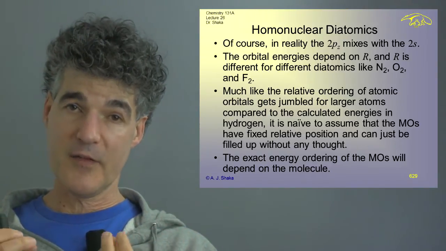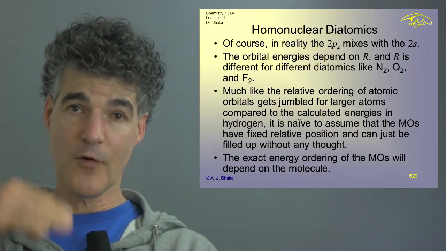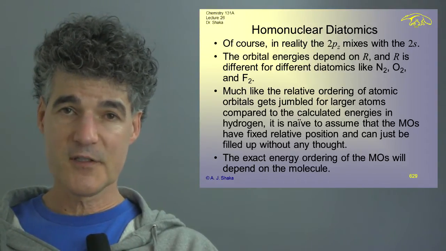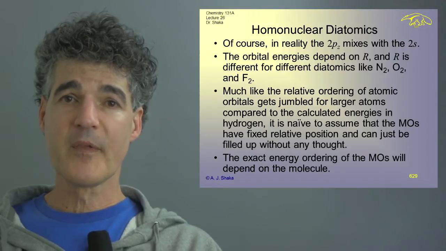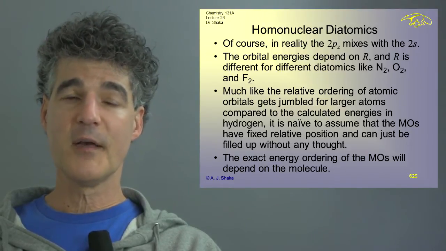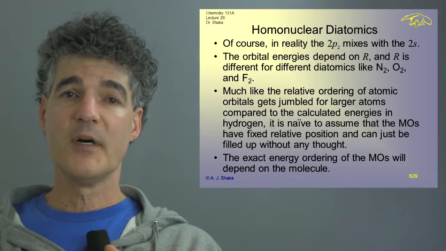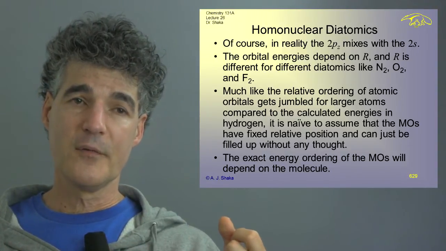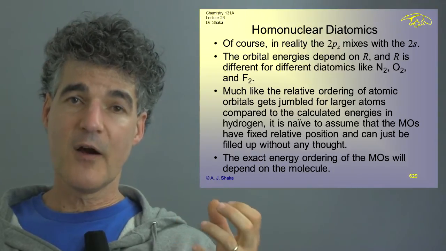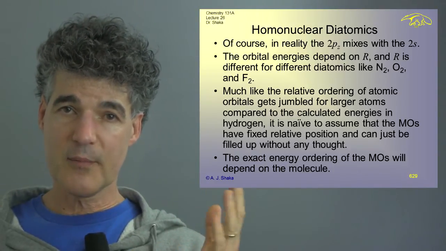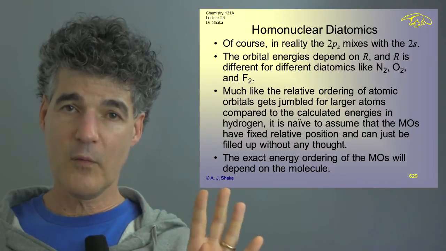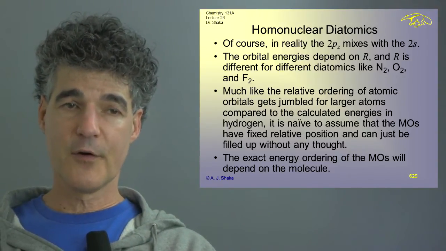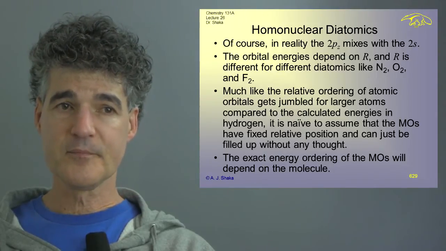And big R, at the minimum, where we're going to order the orbitals, because we're interested in what it is when the situation is the most stable, is going to be different. For example, N2 has a much tighter bond than O2 and then F2. And so just the fact that big R changes will change which orbitals can overlap and in what way, and that may have a big influence on what the energy ordering is, for example.